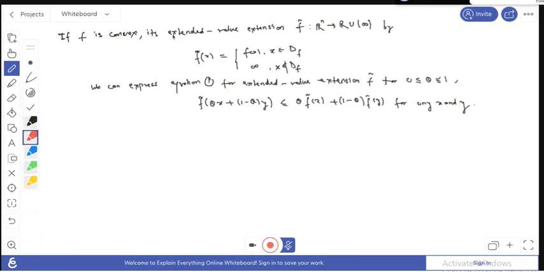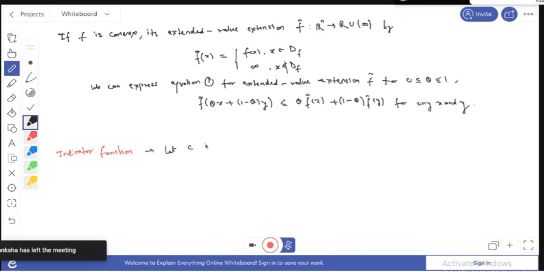Okay, so this is a real standard value extension function, and the second one is indicator function. So here, you have a set C that is a subset of Rn, and that set is a convex set.